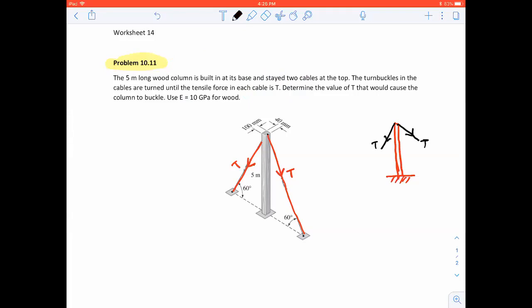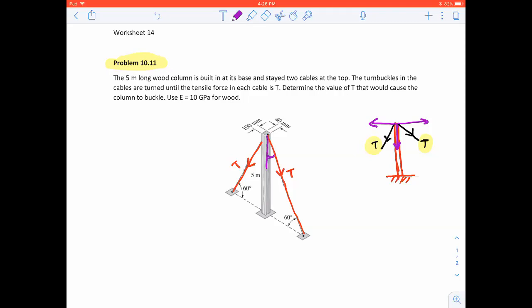If you resolve it into two components, you're going to have one going vertically down for this particular load and the other component going horizontally. And for this load, you again have one component going vertically down and another going this way. Now let's calculate what this angle is going to be.